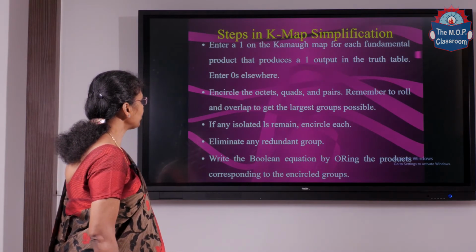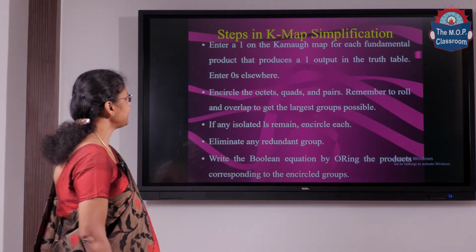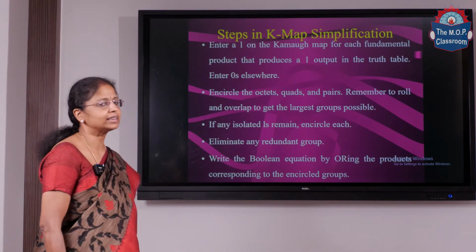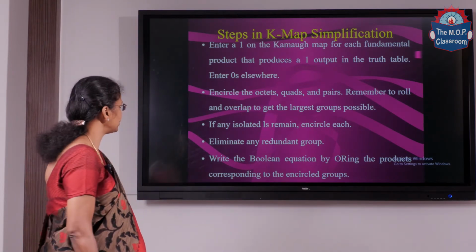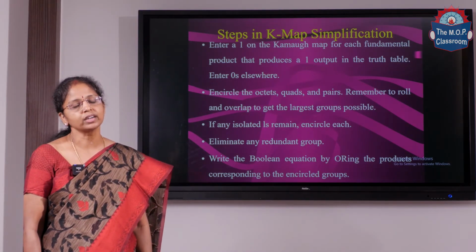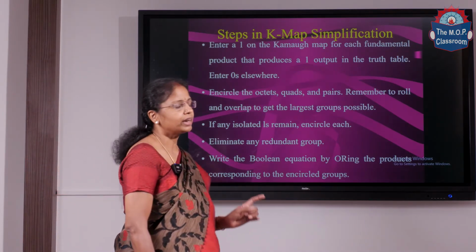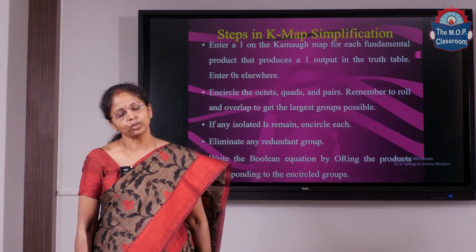Okay. Now, we will quickly go through the steps in K-map simplification. Enter a 1 on the K-map for each fundamental product that produces a 1 output, and the rest are filled up with zeros. Encircle the octets, quads and pairs. You can roll the map and you can also have overlapping groups.